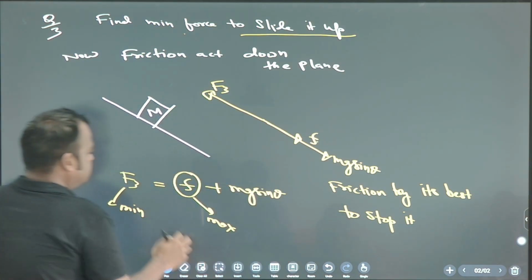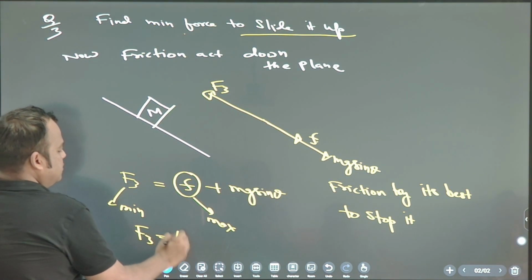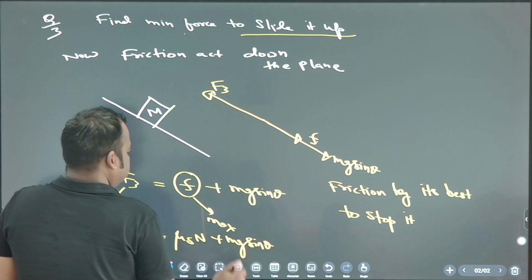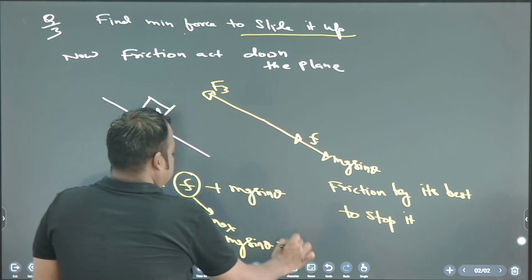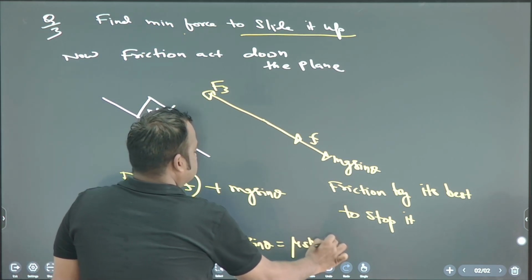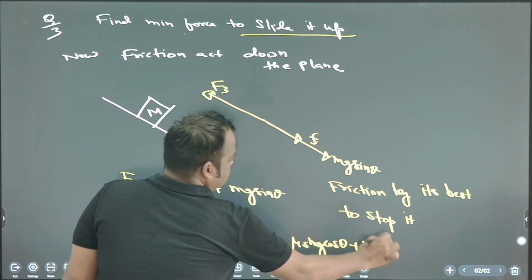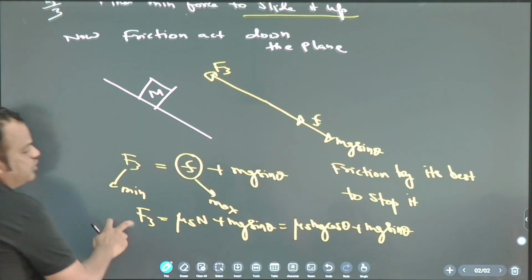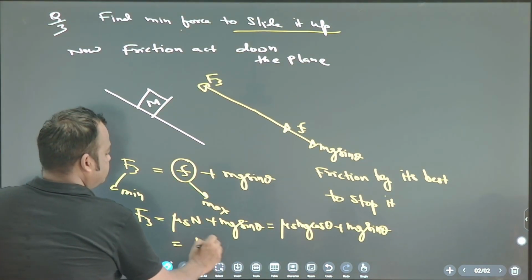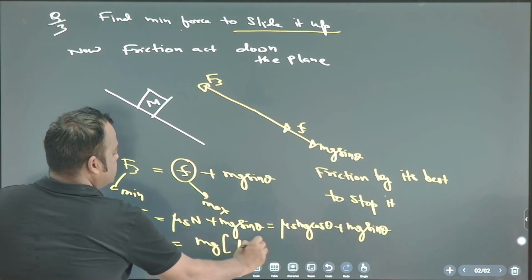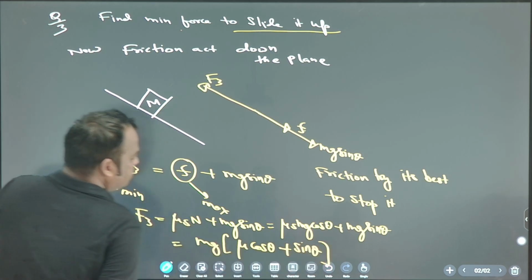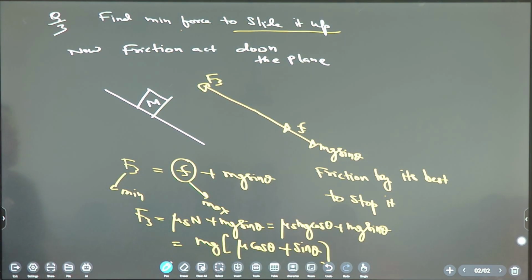So the answer is mu s n plus mg sin theta, so mu s mg cos theta plus mg sin theta. Clear? So this is the total answer. Taking mg common: mg (mu cos theta plus sin theta).